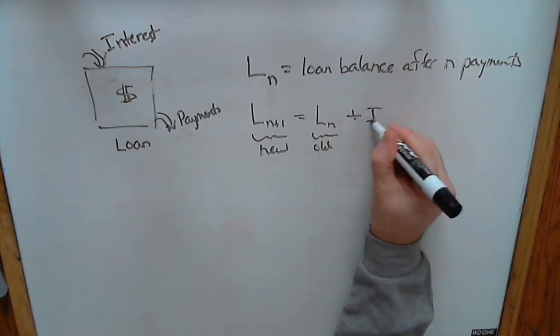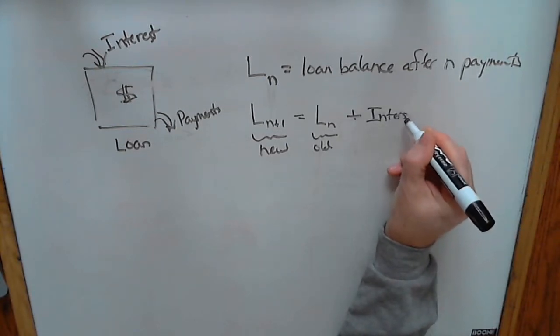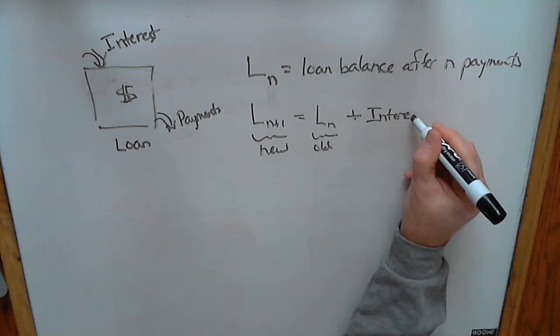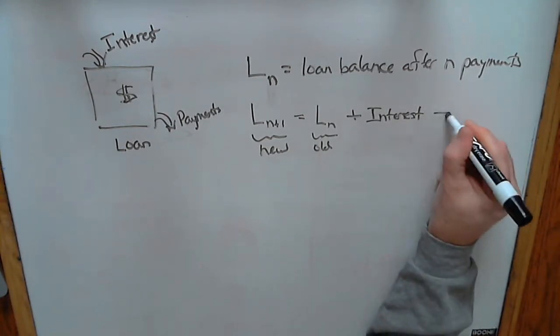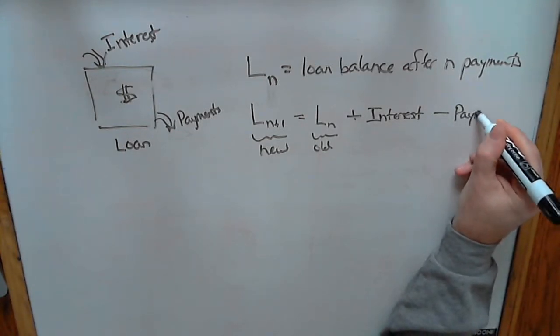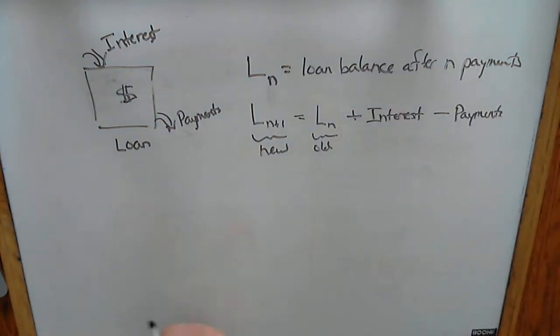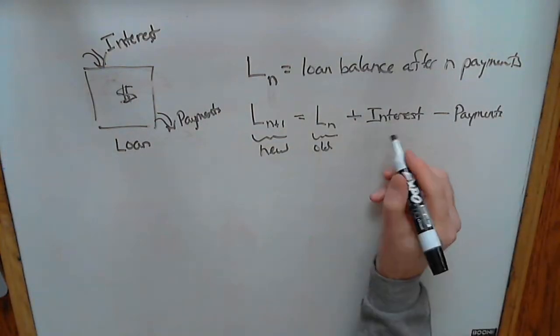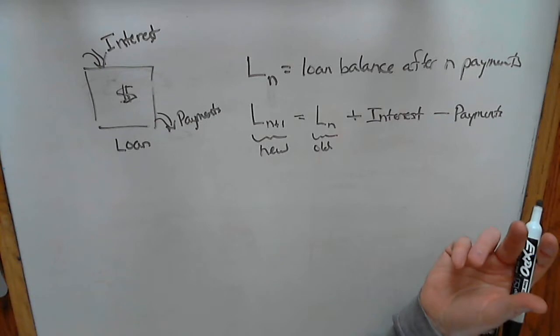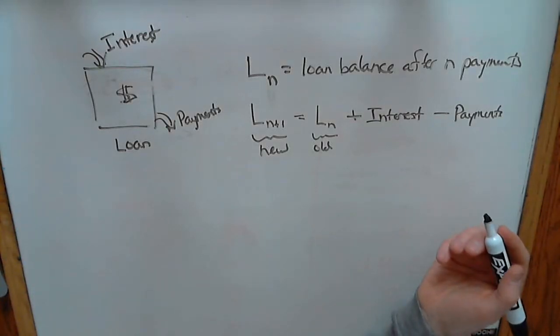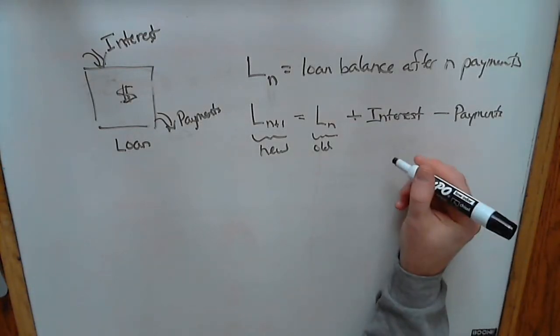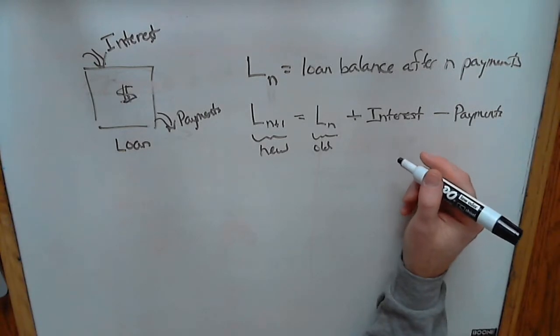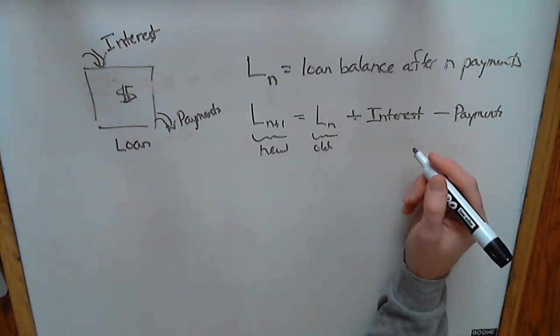Well, here it gets bigger because I charge interest, and it gets smaller because I make payments. Okay. Now my interest is usually a percentage rate, and the way that I do that is I do a percent times my balance.